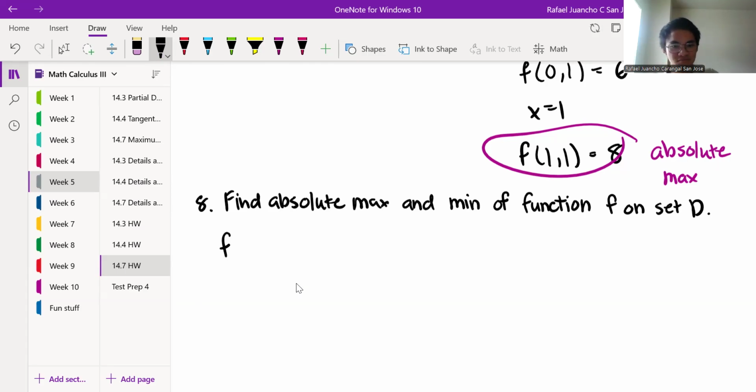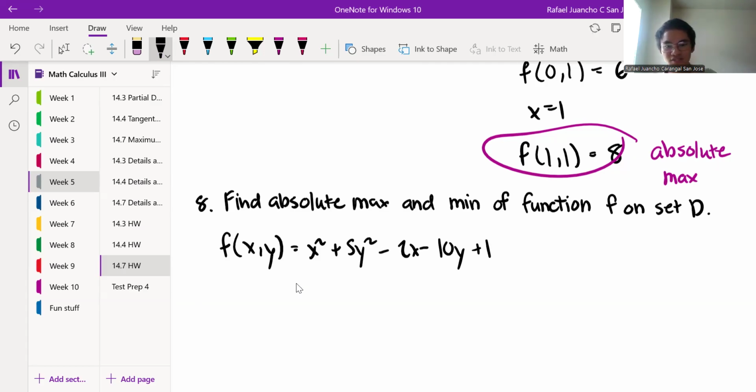So here's our specified function. It's a function of two variables, x squared plus 5y squared minus 2x minus 10y, plus 1.